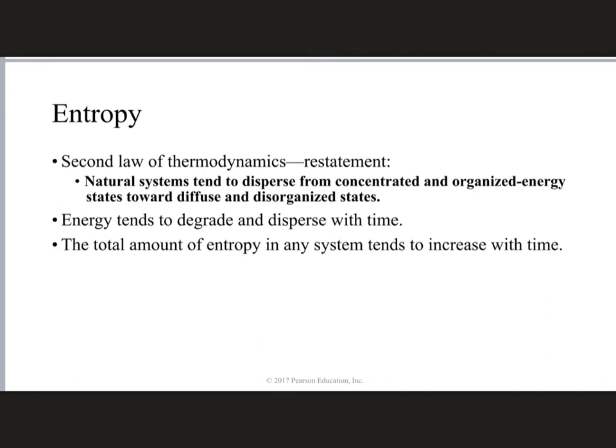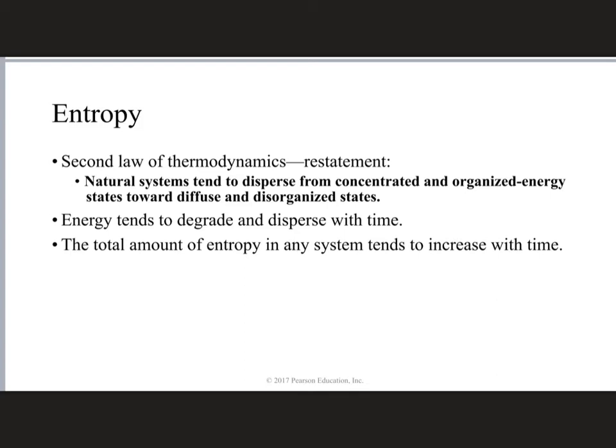So we can actually restate the second law of thermodynamics in terms of this concept of entropy, which is a measure of disorder of a system. Restated, we could say the second law of thermodynamics says natural systems tend to disperse from concentrated and organized energy states towards diffuse and disorganized energy states. That means that disorder tends to naturally increase.